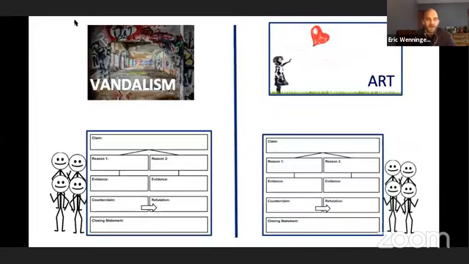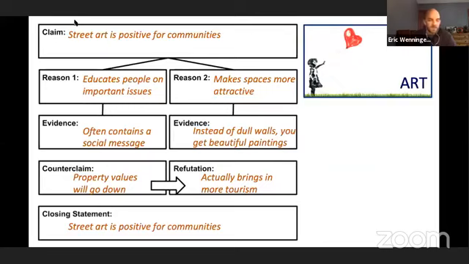And then on the right, instead of dull walls, you get beautiful paintings. Okay, now a counterclaim might be, well, when there's writing on walls, property values go down. It wrecks the building. But my refutation to that is actually, when a community looks beautiful from the outside, it brings in more tourism, so more money for business. And then finally, a closing statement: street art is positive for communities.